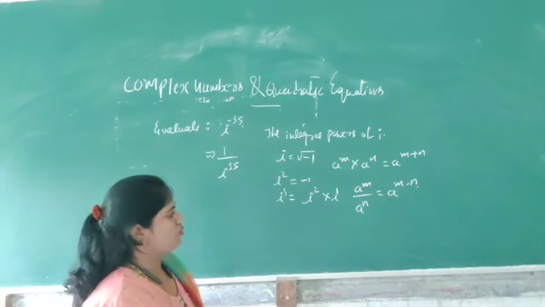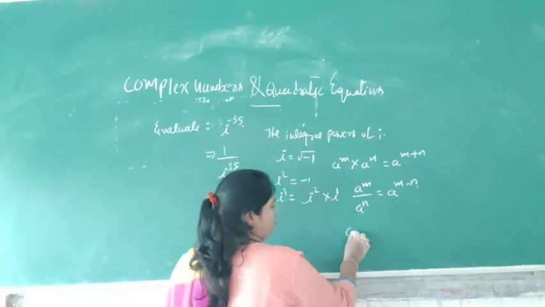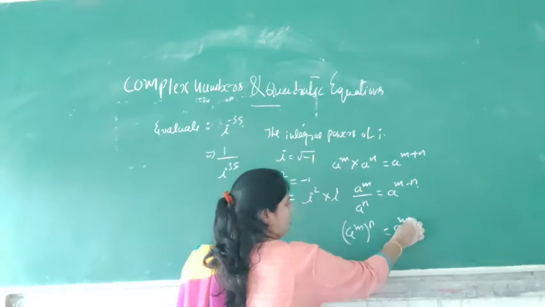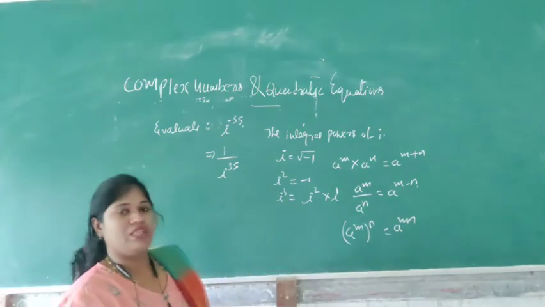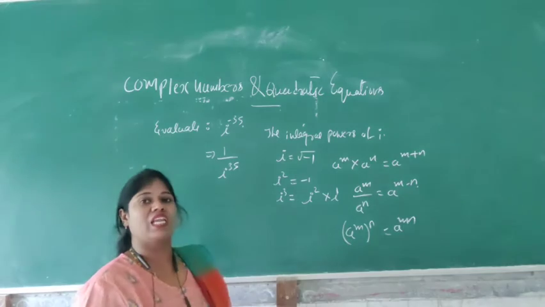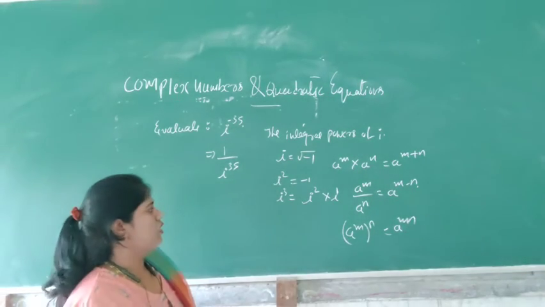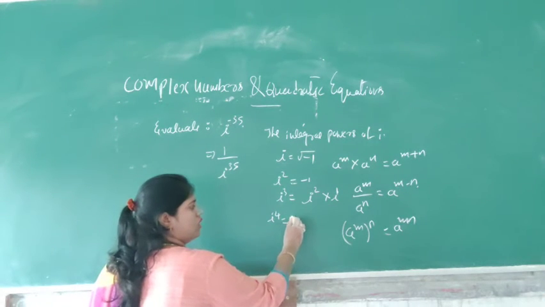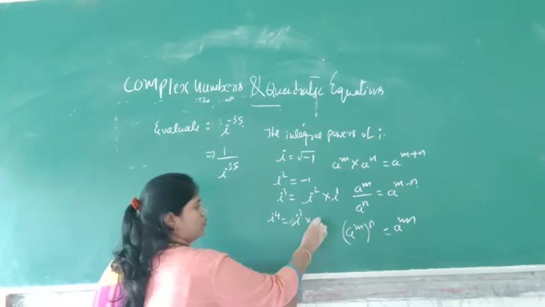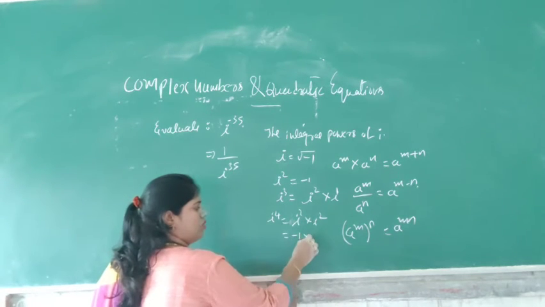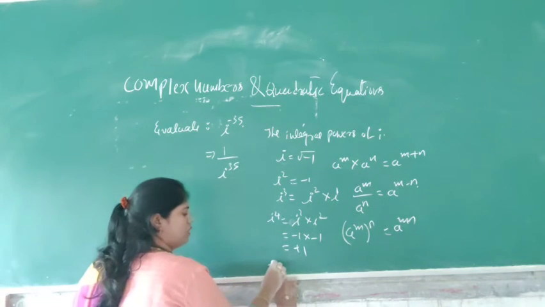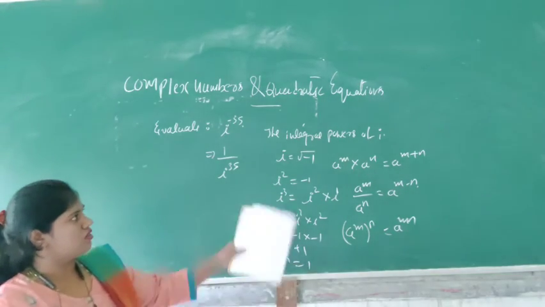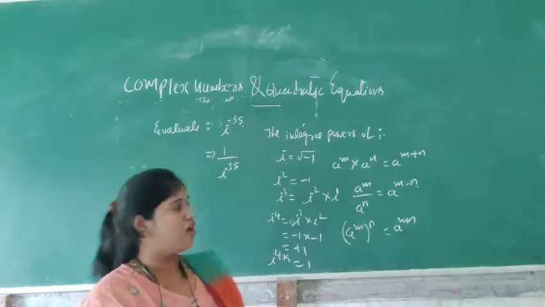And one more formula, a raised to n. These are all the important laws of indices. Similarly, i to the power of 4 is i square into i square, minus 1 into minus 1 is equal to plus 1. Similarly, i to the power of 4k is equal to 1. Correct now? These are the integral powers of i.